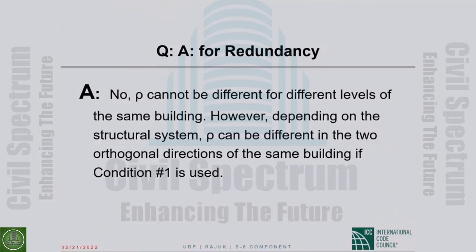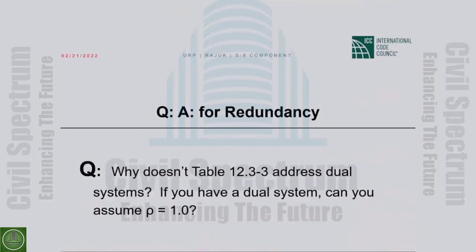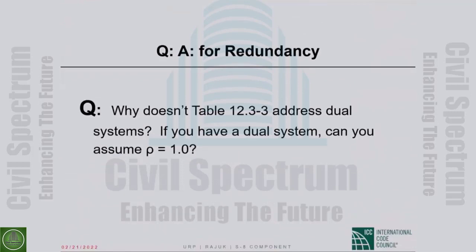If you are doing this element removal condition number 1, then you may very well find rho to be different in two orthogonal directions of a building. Okay, if it is condition number 2, then even in the two orthogonal directions, rho cannot be different.